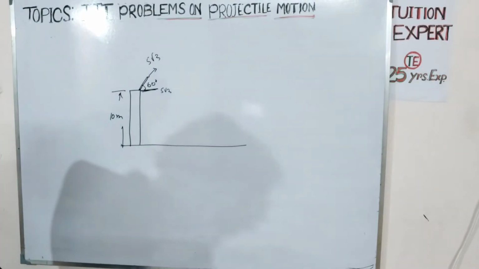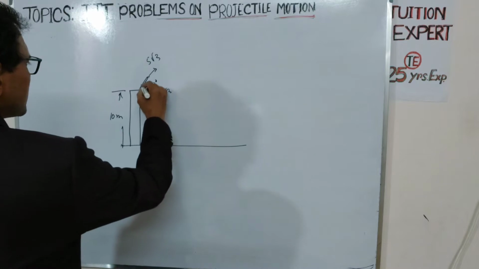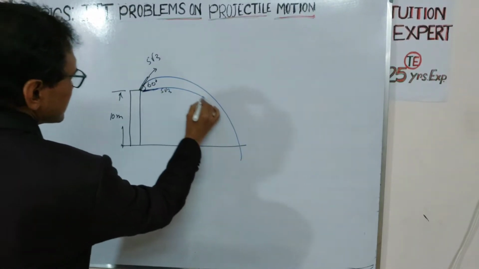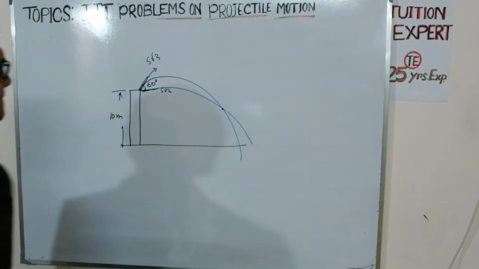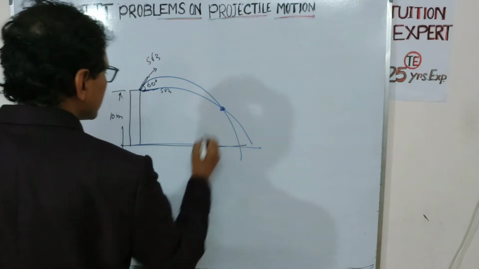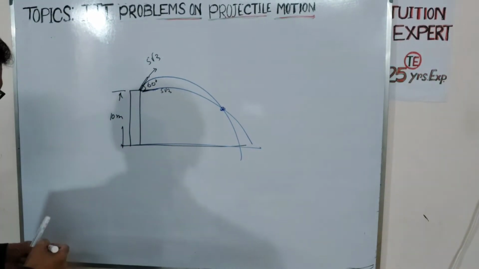So the paths of the two shots will be like this, and like this. So the two particles meet at the point here. Now what is the coordinate of this point? We have to find out, and the time interval between the shots.